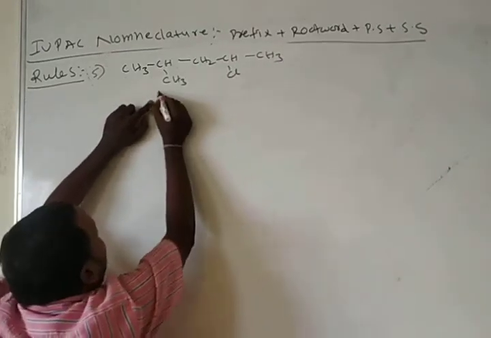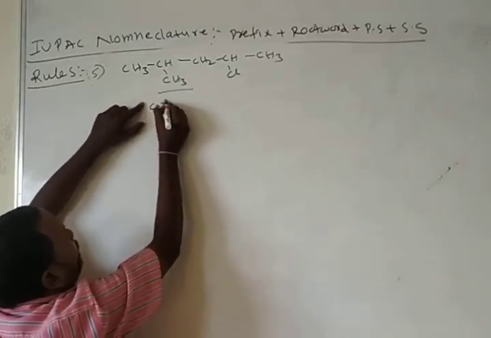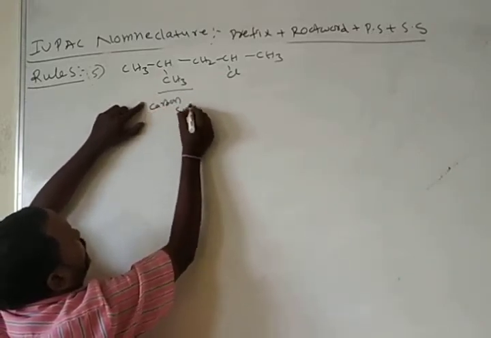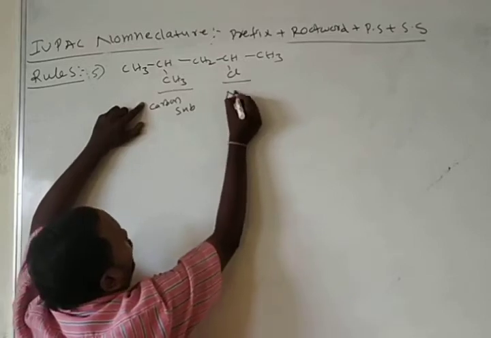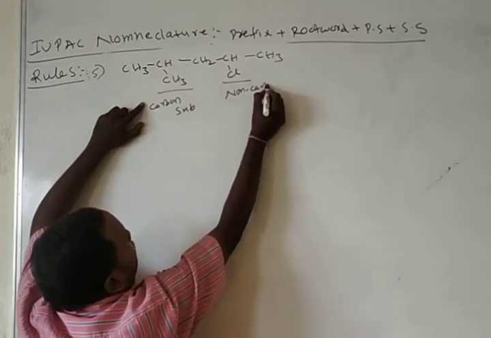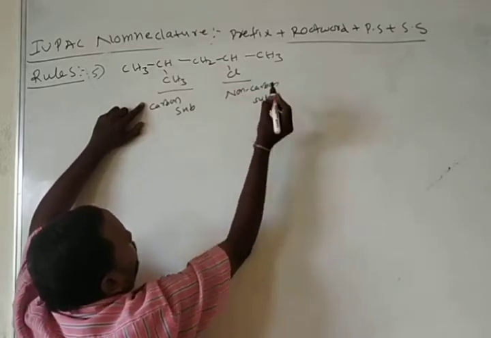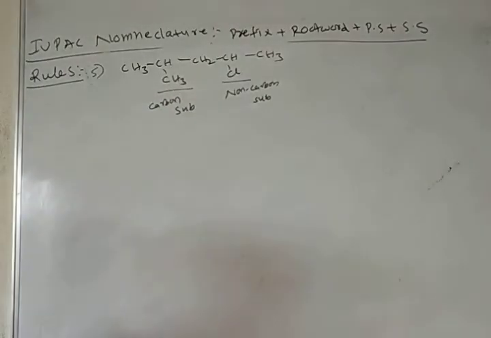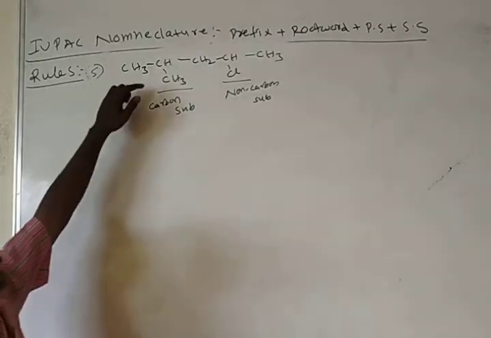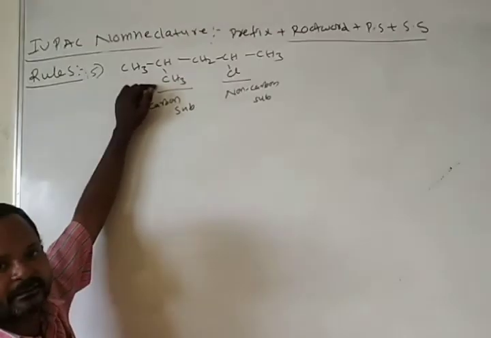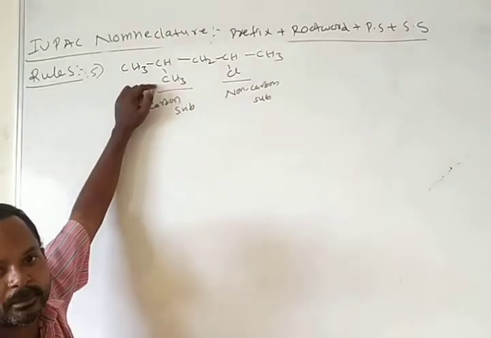This is a carbon substituent. This is a non-carbon substituent. Carbon and non-carbon substituents are present at the same position. You give the preference to the carbon substituent, then non-carbon.